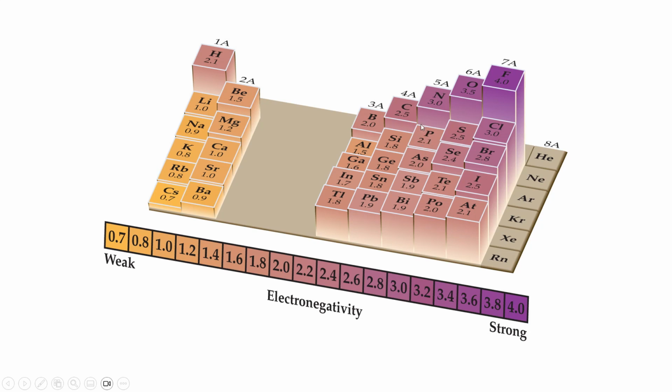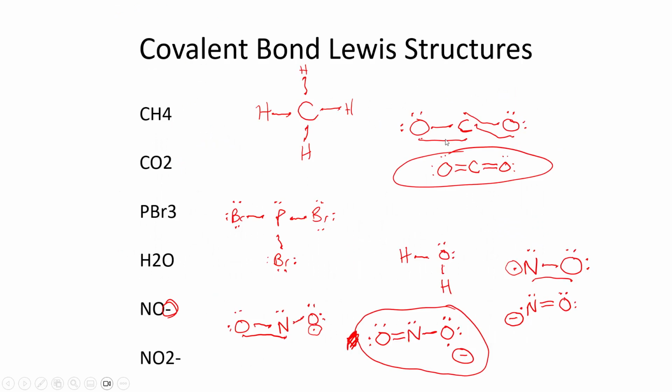So again, the one with the least electronegativity is going to be in the center. The higher electronegativity is going to be around that. So because we have a difference in electronegativity, this is going to be polar.